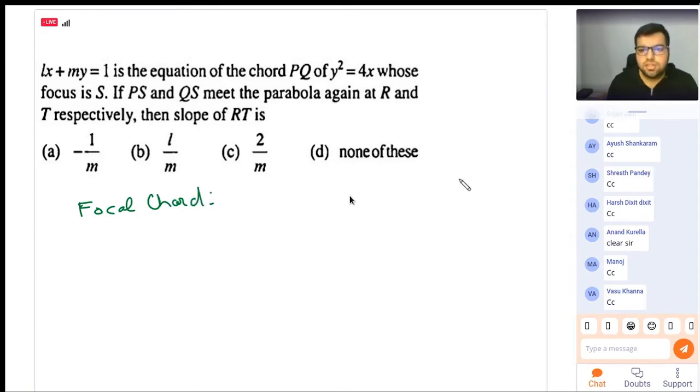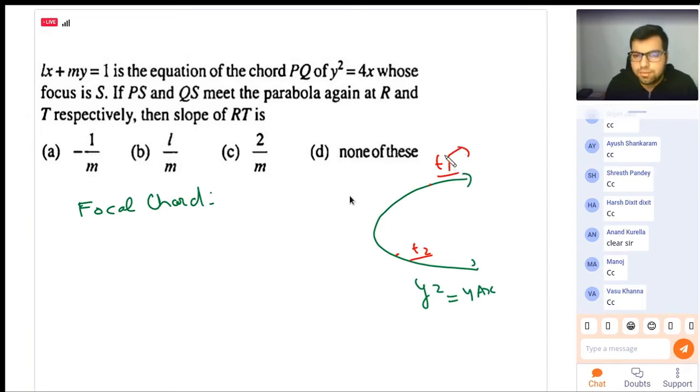See, if this is a parabola y square equals 4ax, and there are two points, say t1 and t2, it is understood that I am talking about the parameter t. So these points are (a t1 square, 2a t1), where the parameter value is t1, and (a t2 square, 2a t2).